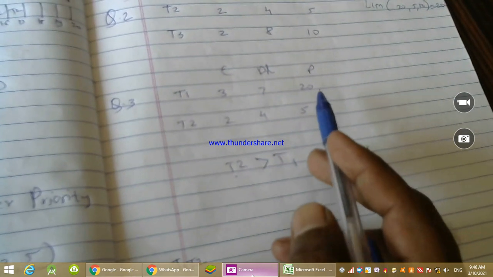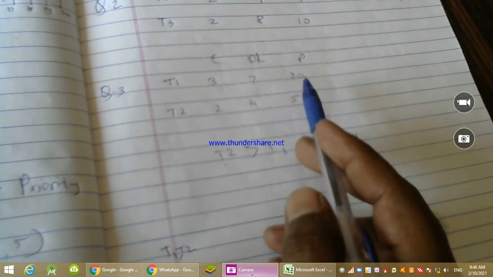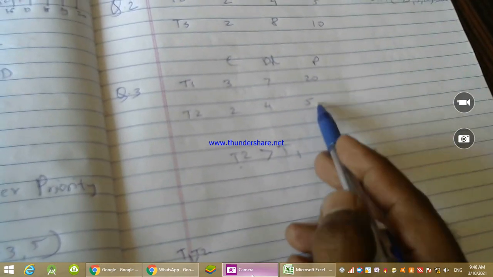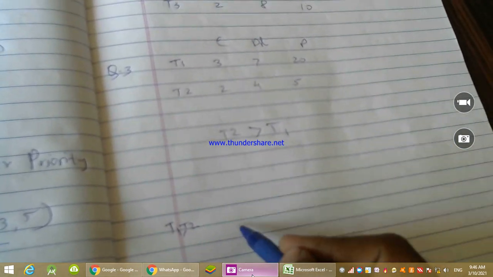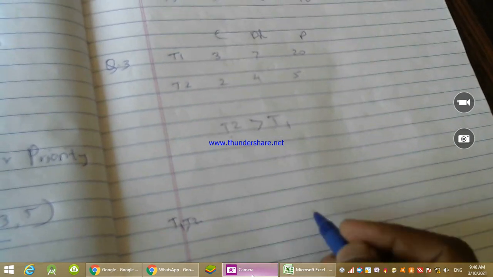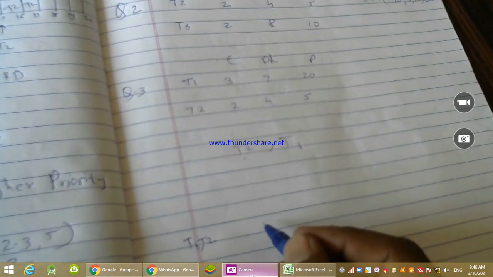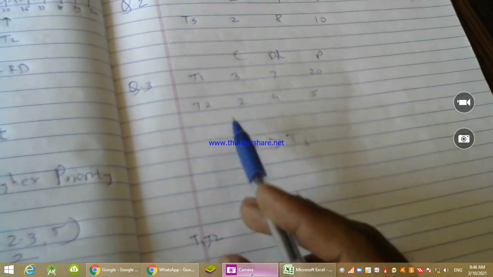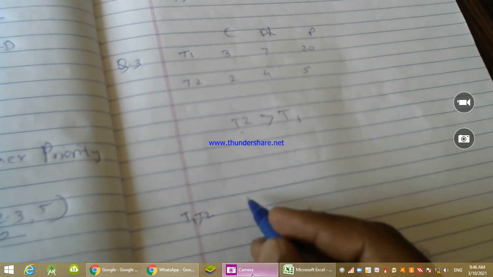We have to set a frame of 20 units because the LCM of these two is 20. Then the execution time of T1 is 3 and of T2 is 2. Let's try to solve.